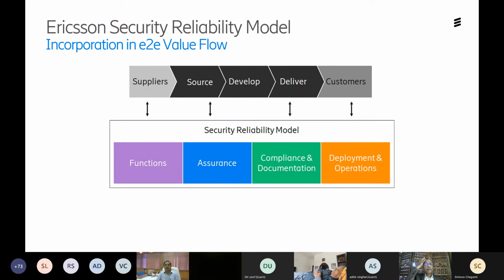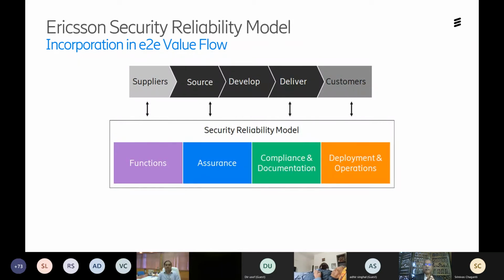This is a broader framework that Ericsson has in an end-to-end value flow, all the way from our suppliers, whether it is component suppliers, hardware suppliers, or software suppliers, to our customers, our operator customers. So we have functions such as sourcing, research and development kind of function, and then manufacturing and delivery.